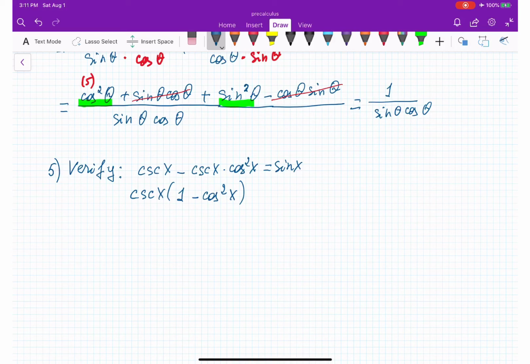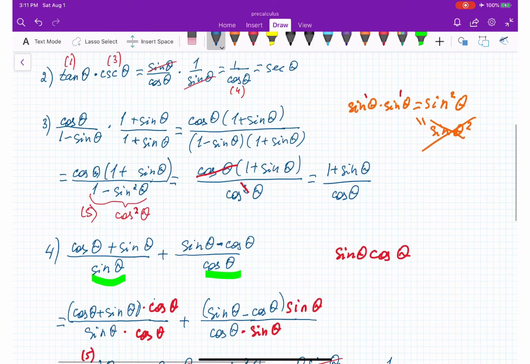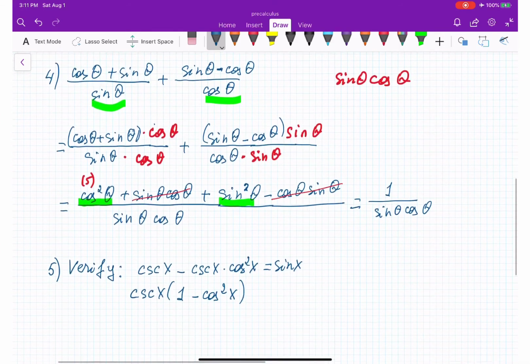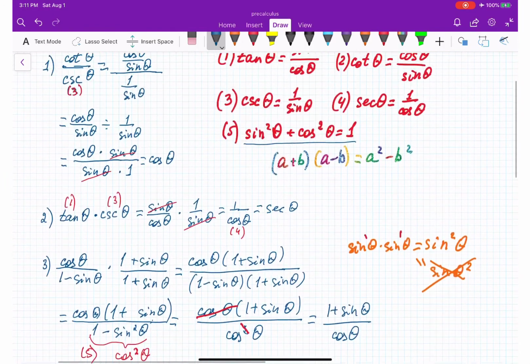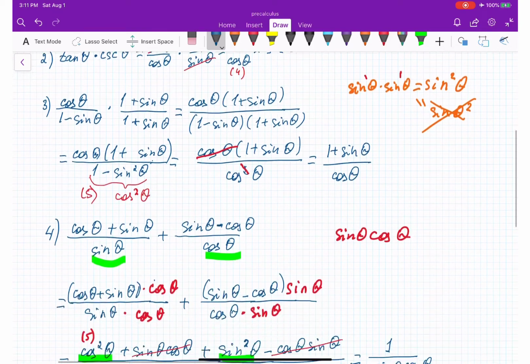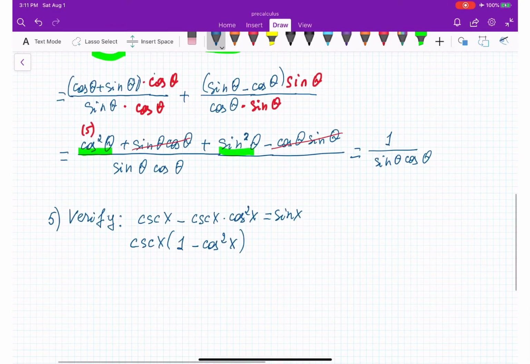Yes? Now, for 1 minus cosine squared x, I am applying this formula 5. If sine squared plus cosine squared equals 1, then 1 minus cosine squared will be equal to sine squared. So let me write down, I'm going to apply here formula 5 for this piece.